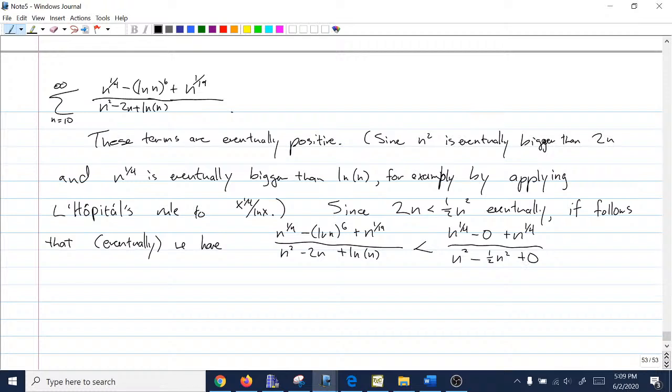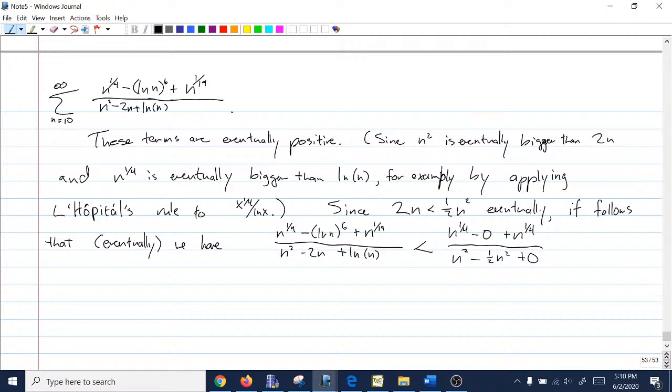I'm able to make statements like this. This is kind of a big step that you might feel uncomfortable writing out, but you can trust your reader to understand. We made the denominator bigger, clearly. The top is now greater than it was before. We changed something negative to a 0, that makes it bigger. I changed n to the 1/19th to an n to the 1/4. 1/4 is bigger than 1/19th right away, yes.